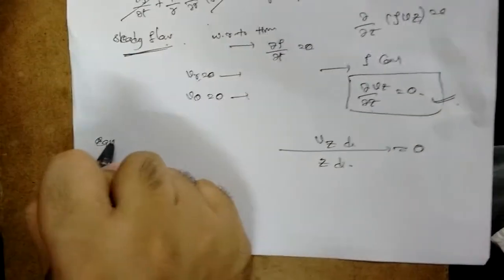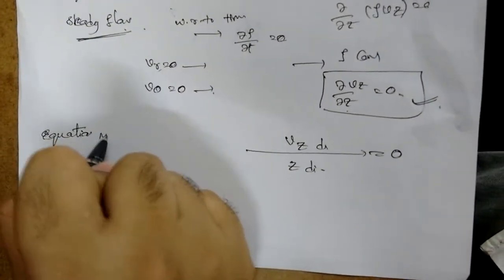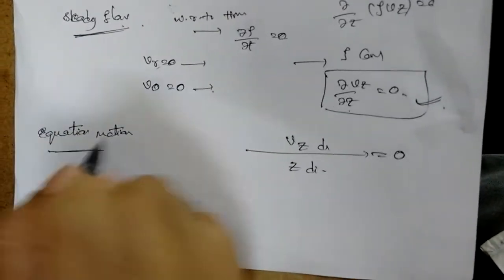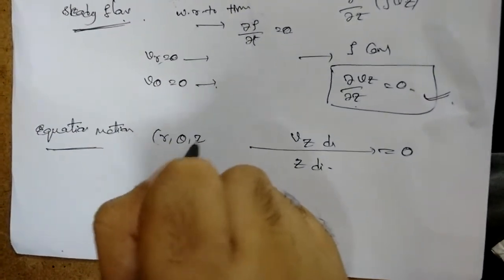Coming to the equation of motion, there will be 3 components: r, theta, z.